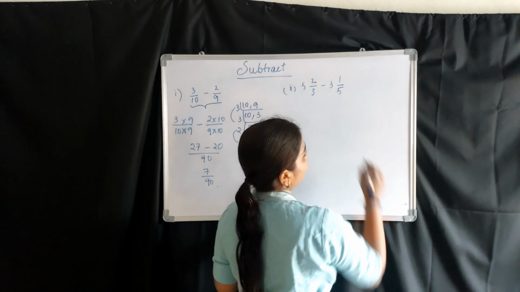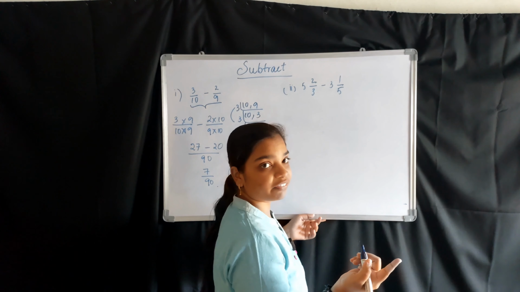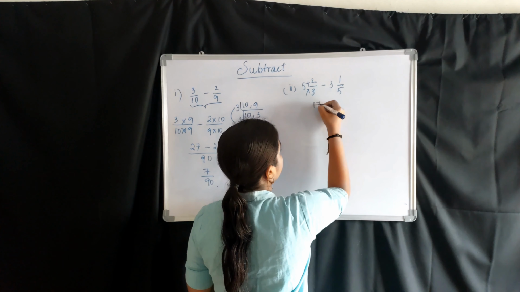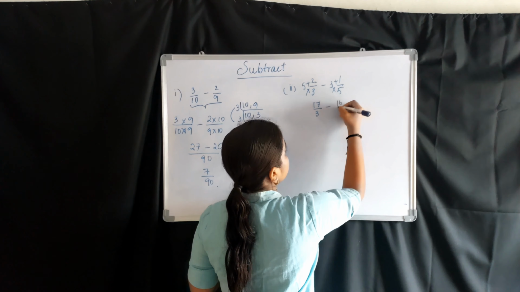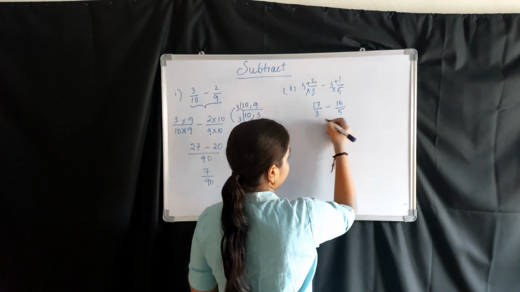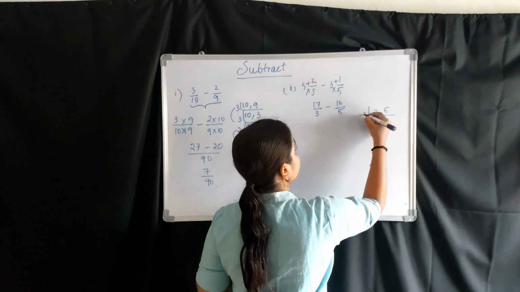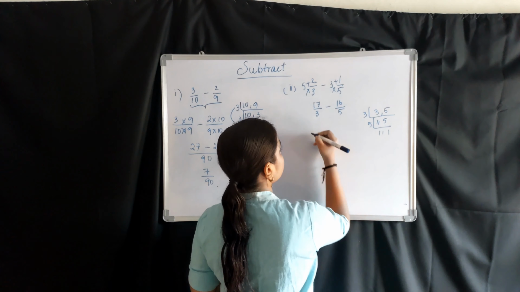So here we have mixed fractions. We need to convert them into improper fractions and then solve. So it is 15 plus 2, 17 by 3, minus 15 plus 1, 16 by 5. For 3 and 5, the LCM would be 15 because there is nothing in common.